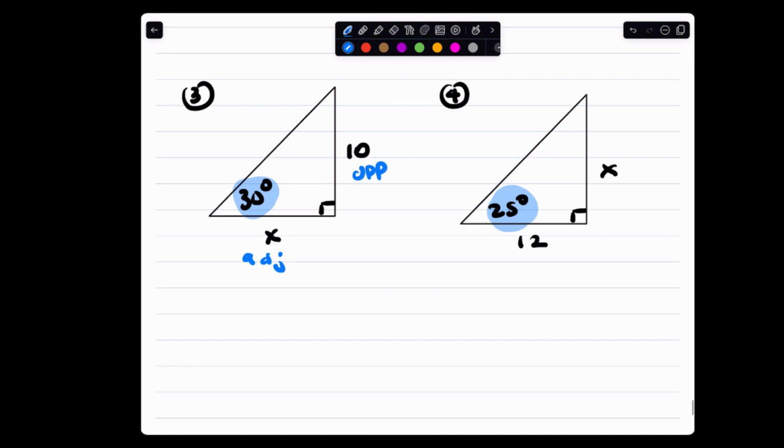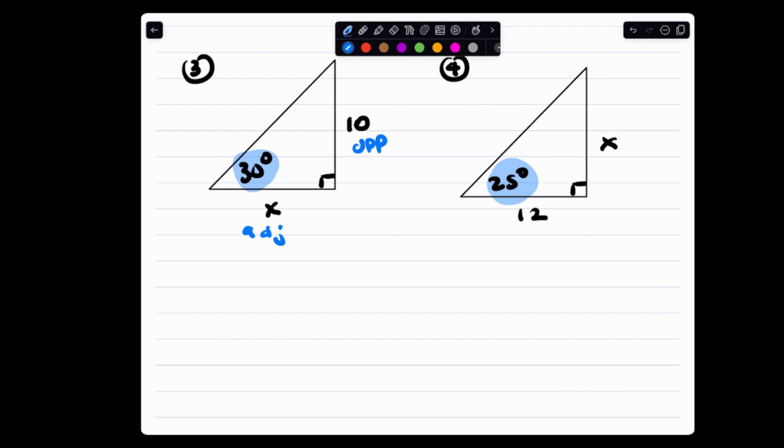Okay, so what ratio has the words adjacent and opposite? Tangent. Good job. So we say tangent of 30 degrees will be opposite over adjacent. You guys okay with that?